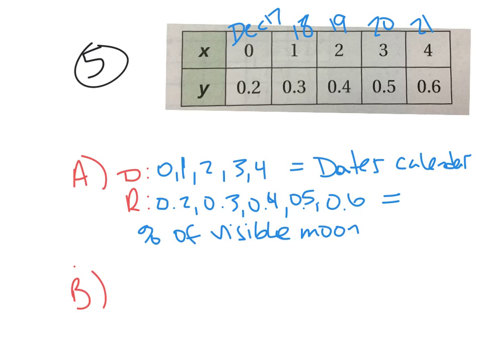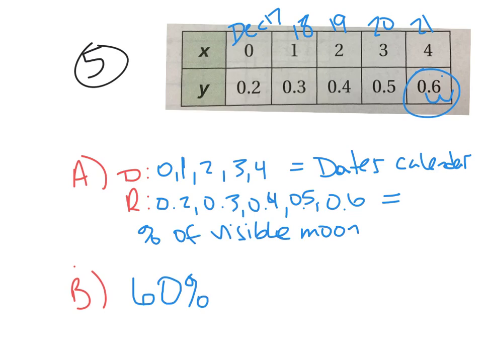So then B asks us, what percent of the moon was visible on December 21st? 0.6. 0.6, what percent? Make that a percent. Move the decimal twice, you get what? 60%.